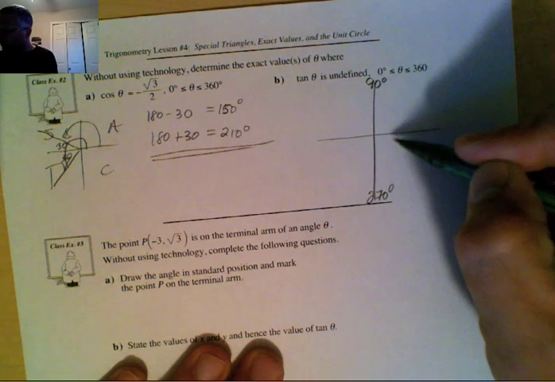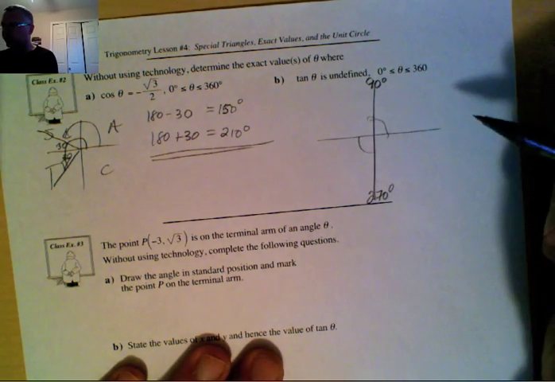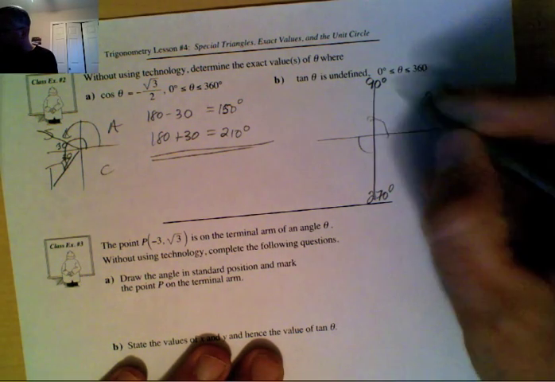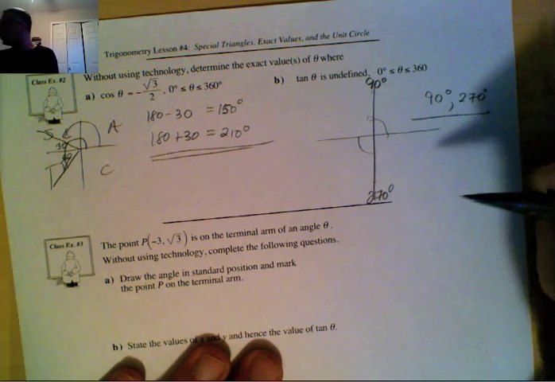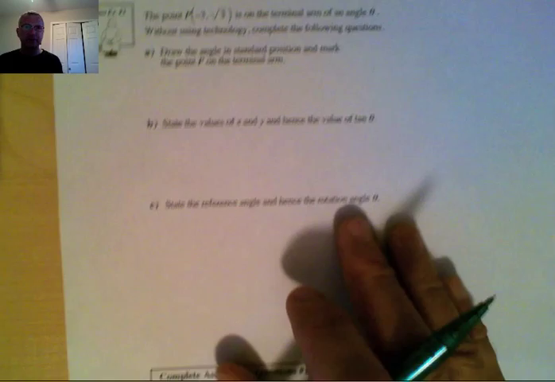So straight up, I have a reference angle of 90. Straight down, I have a reference angle of 90. So in this case, because they lie exactly on these quadrant lines, those are our two answers for this particular question.